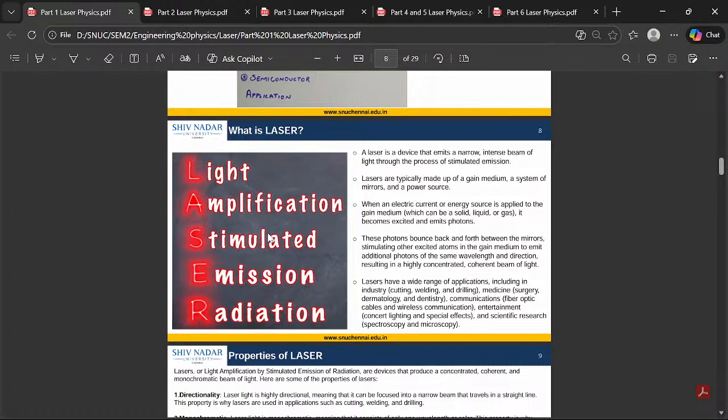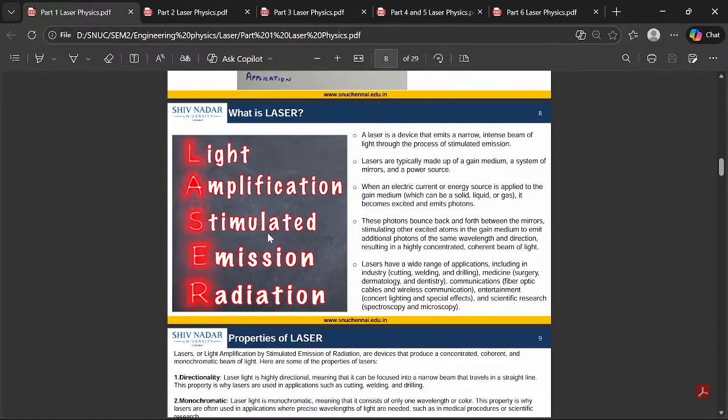So let's see what a laser is. A laser is a device that emits a narrow intense beam of light through the process of stimulated emission. We have pretty much seen lasers, played with them, bought them.